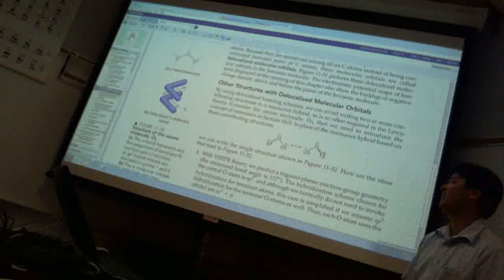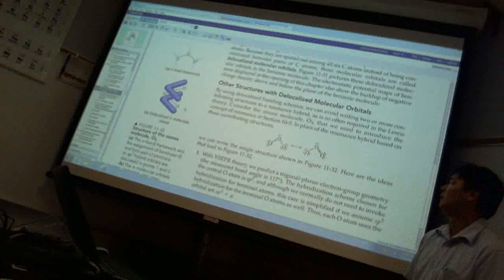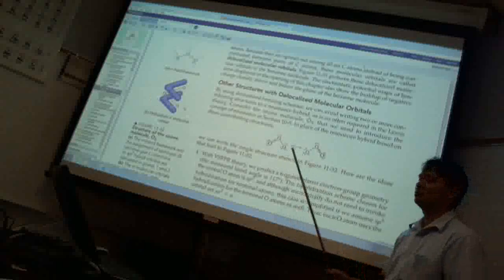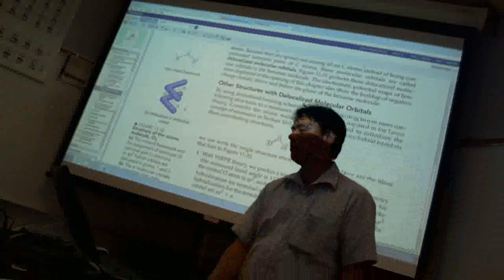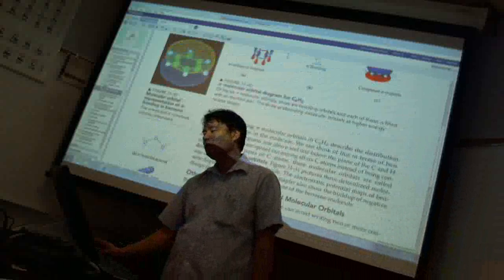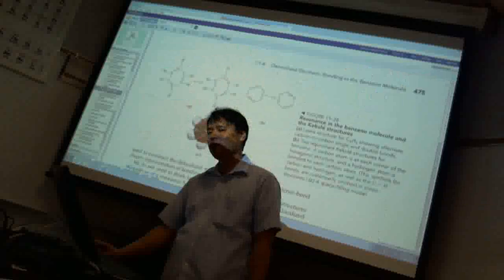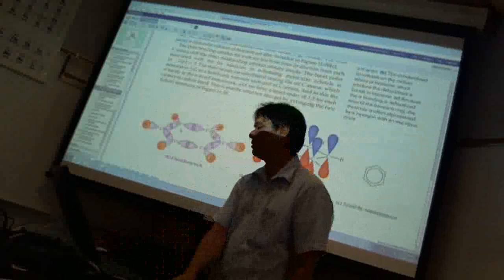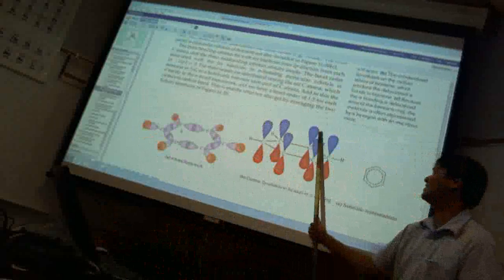But how does the resonance hybrid work? Because this is sp3, this is sp3, it doesn't quite look like benzene. Benzene was very nice to us. Why? Because all the p orbitals were nicely aligned, like this. You see how all the p orbitals are nicely aligned here?